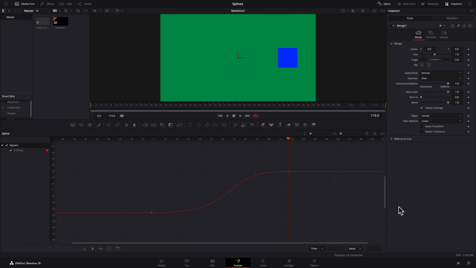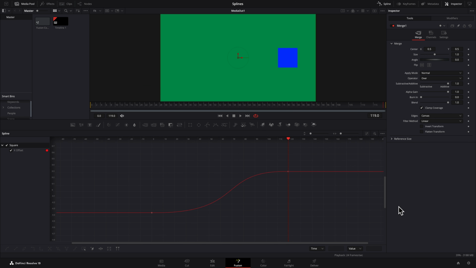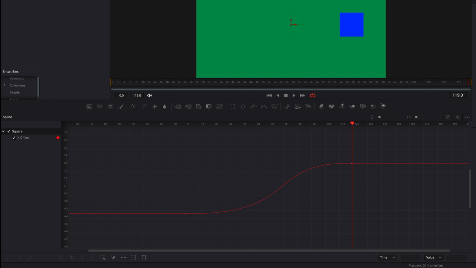How would we shape the spline so the square starts off by moving to the left before moving to the right? When the value of the X offset field is increased, the square moves to the right, so decreasing its value will cause it to move to the left. So how do we cause its value to decrease before increasing?